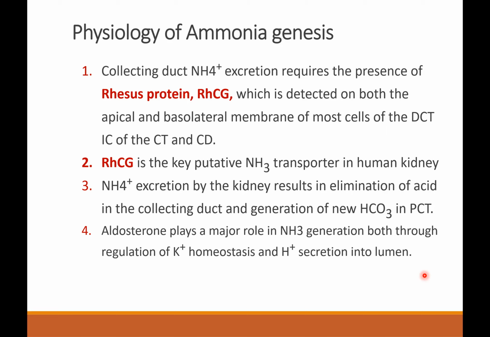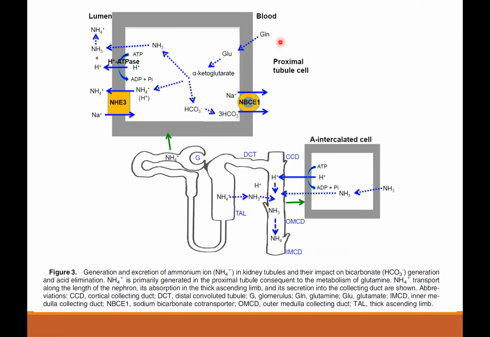Let us see diagrammatically what is happening here, just as we have seen. Okay, now look at the diagram. There is blood, there is glutamine, and that glutamine is converted into glutamate, and that glutamate is converted into alpha ketoglutarate. Alpha ketoglutarate is one of the important steps in the Krebs cycle.